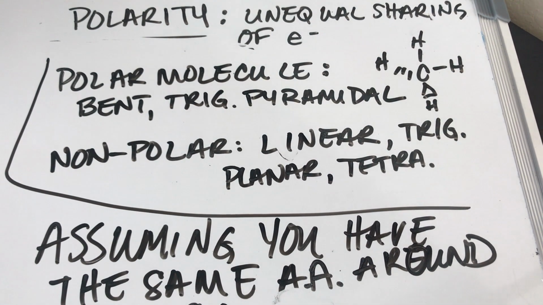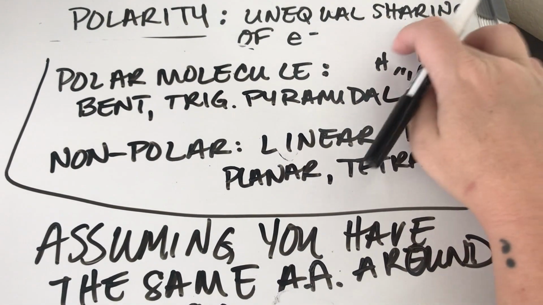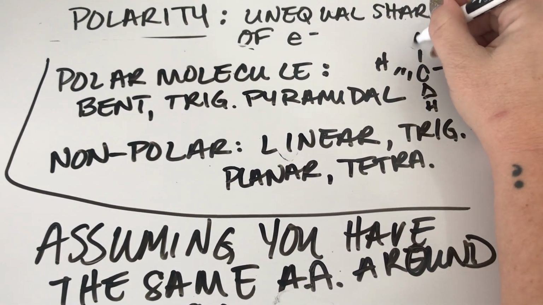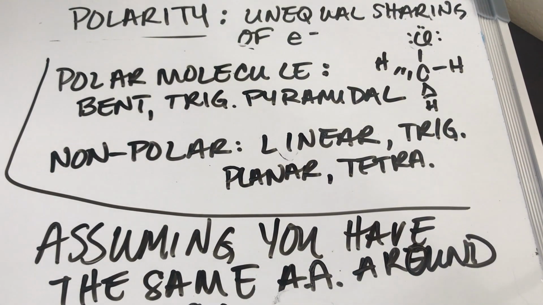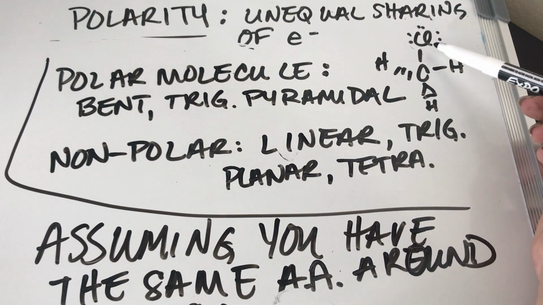But you don't have to have all the same attached atoms. If I took one of these and replaced it with something like that, now this is a polar molecule, because having this different attached atom gives the molecule asymmetry.